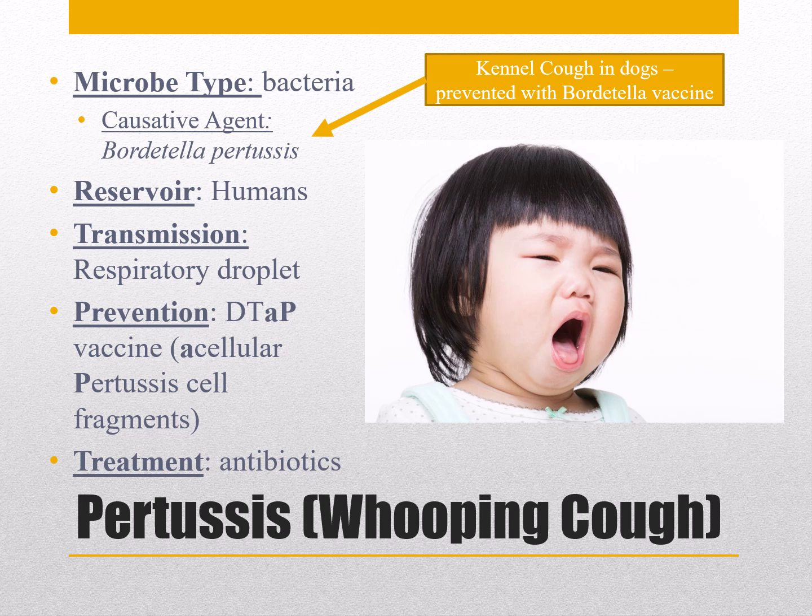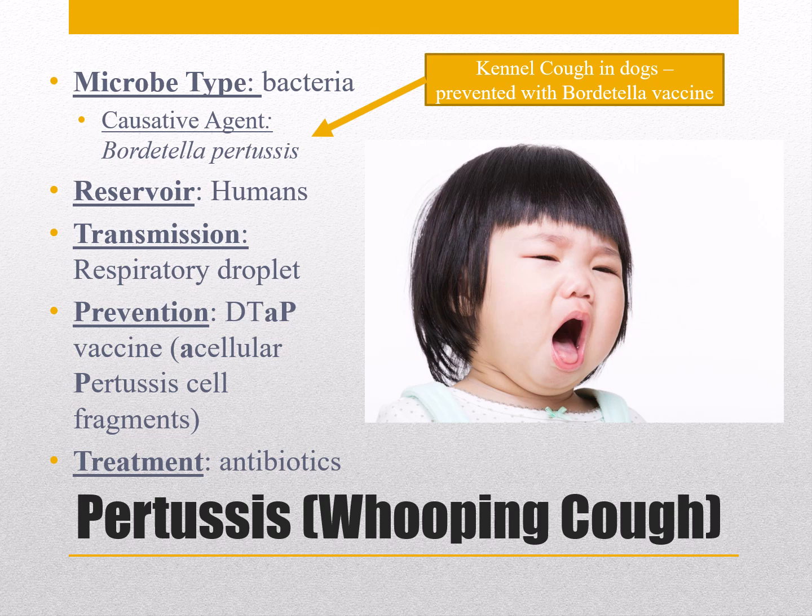In humans, or humans are the reservoir, the transmission is respiratory droplets. Like I said, the prevention is that DTaP vaccine that we discussed earlier with diphtheria. This is now the AP, the aP part of the vaccine title.